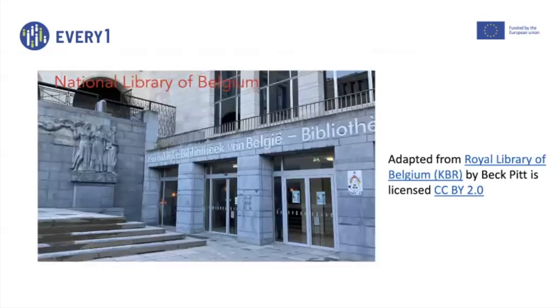Just quickly as well to show here, you might see, for example, statements which make it clear that it's an adapted version of a resource. This was an image here that has been cropped and had a caption added to it. And this is acknowledged by making a slight change to the original attribution statement, but making it clear that it's been adapted from the Royal Library of Belgium photo that I took.